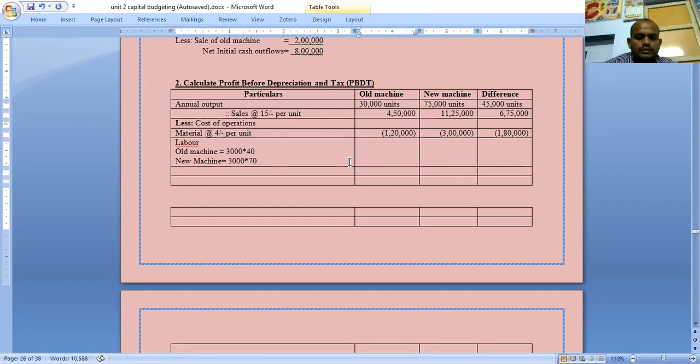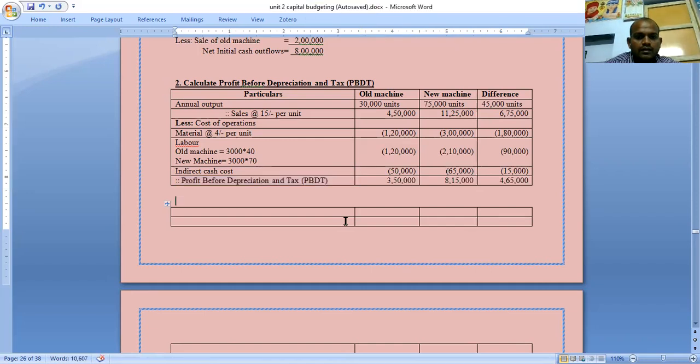So the difference comes around 90,000 rupees. Another cost is indirect cash cost, 50,000 and 65,000. The difference is 15,000. Now profit before depreciation and tax comes around 3 lakh 50,000, 8 lakh 15,000, and 4 lakh 65,000 is the difference.